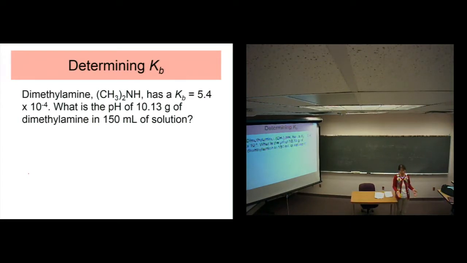It's weaker. So if a conjugate base goes weaker, what happens to the Kb? Goes down. So then how are Ka and Kb related? They're inversely related. It's not just any Ka and Kb, it's only inversely related if it's a conjugate acid-base pair.